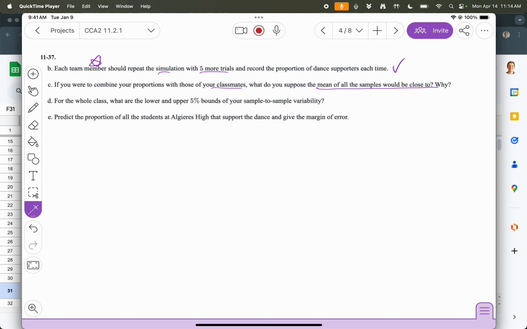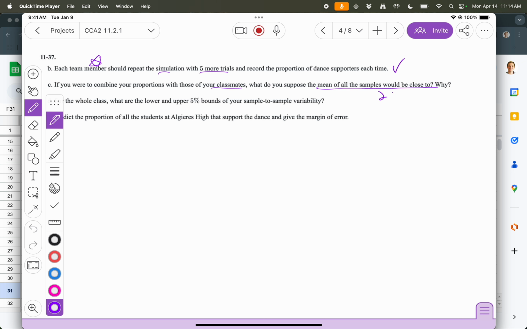So if you were to combine those with those of your classmates, let's say that there are 24 kids in my class, and plus you makes 25. So if I take 25 samples that are supposed to be at 60%, I'm going to guess that it's probably going to get me right around 60 percent when I take the average of all those averages.